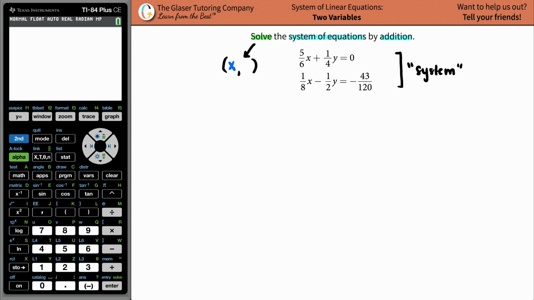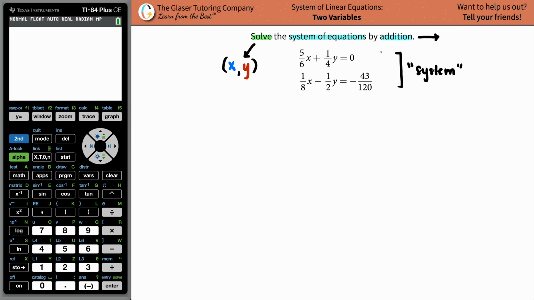So x and y. Now we have to do this via addition, right? So the addition method means that we're going to add these two equations together. But when we do that, we want to eliminate one of our variables. Because at the end of the day, it's always x equals, y equals, right? It's never x plus y equals when solving an equation. So we have to cancel out either the x's or the y's.